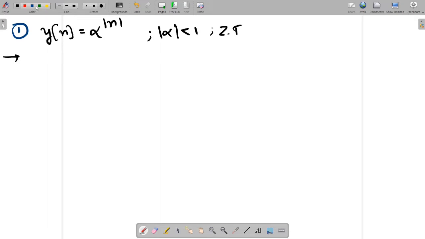Let us start off by understanding this mod n. If the value of n is positive, you will get a positive value. If the value of n is negative, mod n still gives a positive value.